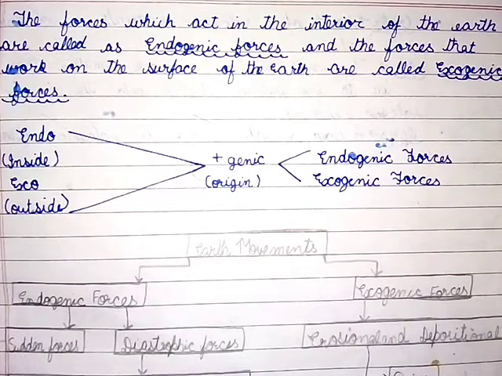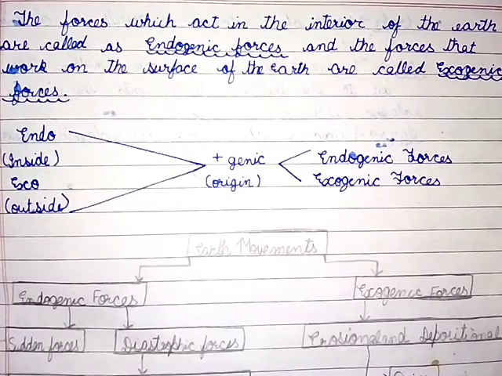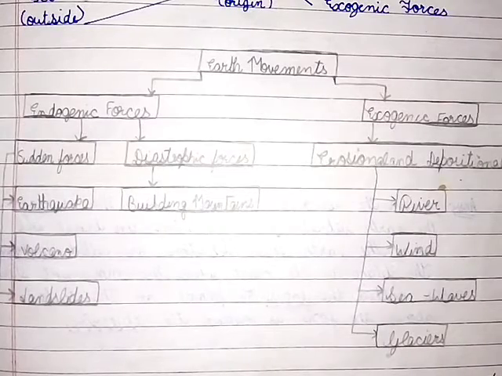Endo means inside and exo means outside, plus genic means origin. Endo plus genic is equal to endogenic forces and exo plus genic is equal to exogenic forces. There are two types of Earth's movements: endogenic forces and exogenic forces.